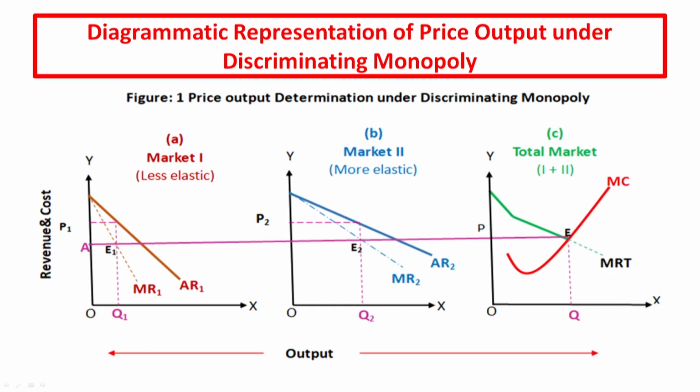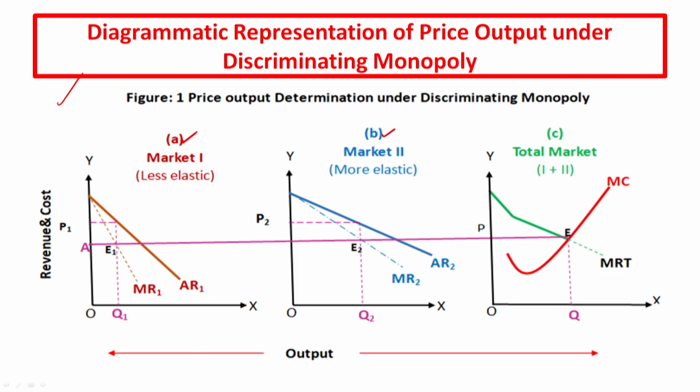This can be explained with the same graph which I discussed with you. As you can see, this is market 1 and this is market 2. Market 1 is the market where the elasticity of demand is less elastic. Less elastic means a small change or a big change does not bring a big change in quantity demanded. That is why it is inelastic. But in market B, it is more elastic. This means a small change in price brings a big change in quantity demanded.